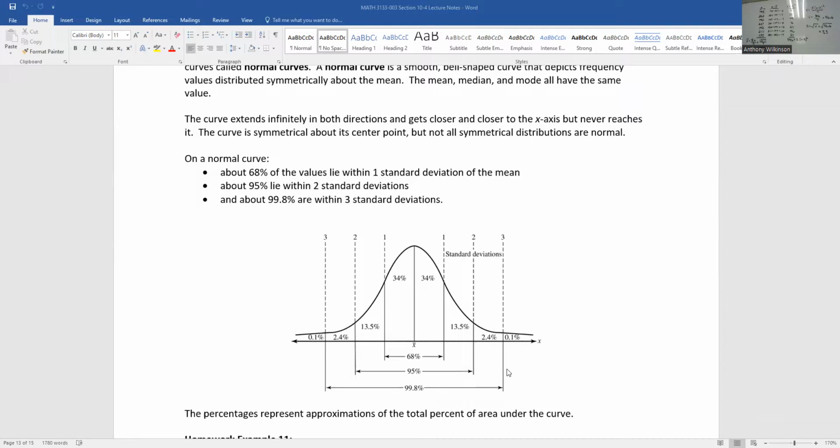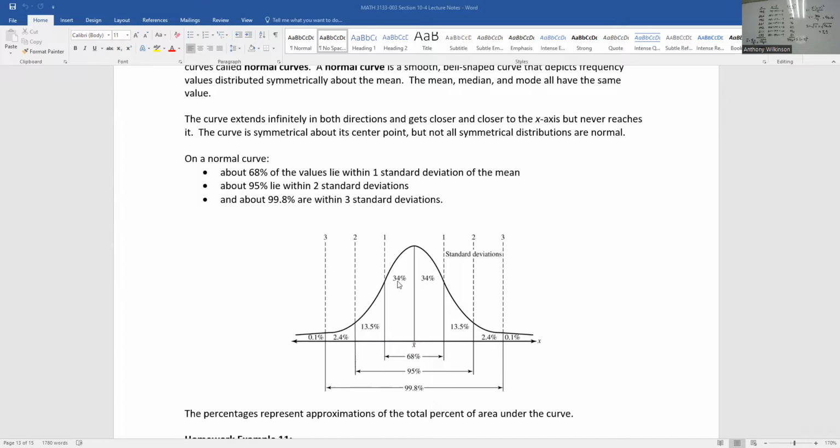And also in statistics, when we're using 95%, we're dealing with what they call usual values. So the usual values will be within two standard deviations of the mean, and that's 95% of your data values. And then finally, 99.8% of your data values will be within three standard deviations. So here's three standard deviations to the left and to the right.